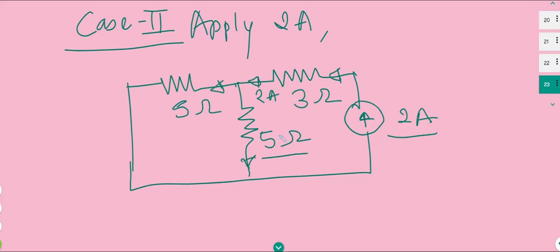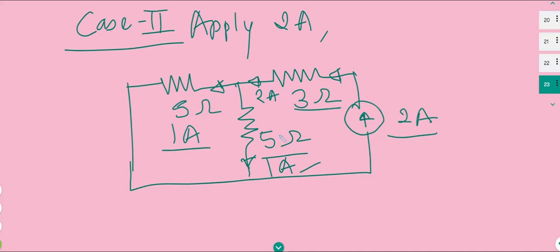Both resistance values are the same, 5 ohm and 5 ohm, so the current will divide equally. So 1 ampere will go over here and 1 ampere over here. So the current passing through each 5 ohm is 1 ampere, and the current passing through 3 ohm is 2 ampere in the second case.